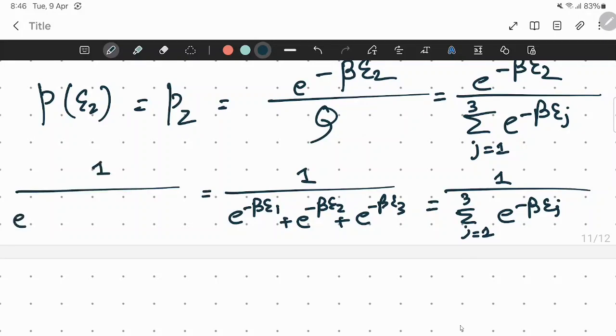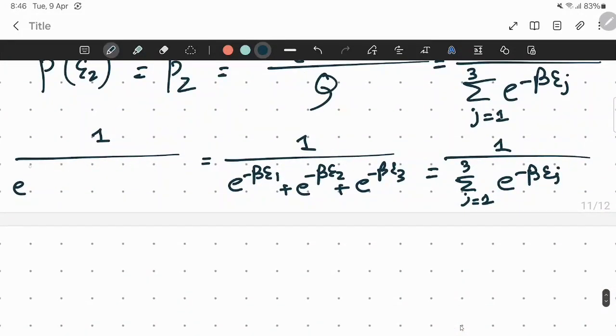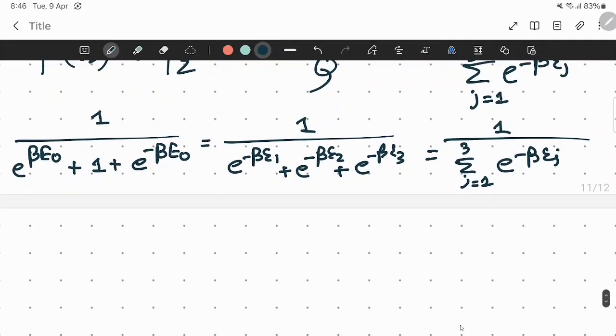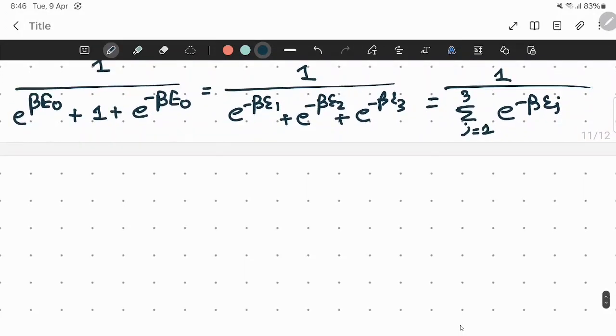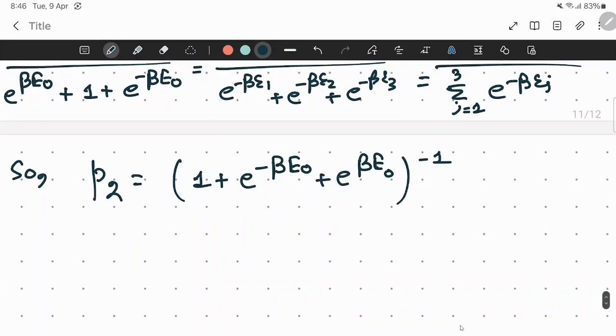Epsilon 1 is minus E0. So e to the power beta E0, and the other is e to the power minus beta E0. So this is the case. Now so what will be the P2? 1 plus e to the power minus beta E0 plus e to the power beta E0, inverse.